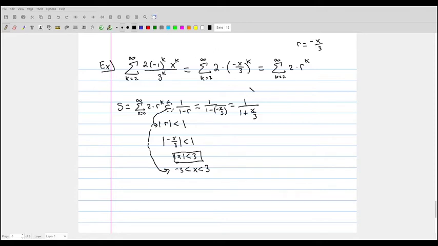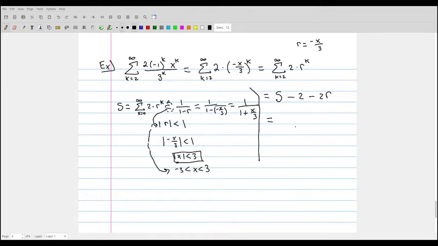So lastly then, to figure out the full value of the series starting at k equals 2, we have to take the series starting at k equals 0 and subtract out the first two terms. The first two terms are going to be 2, which corresponds to 2 times r to the 0, and then 2 times r to the 1, or 2 times r.